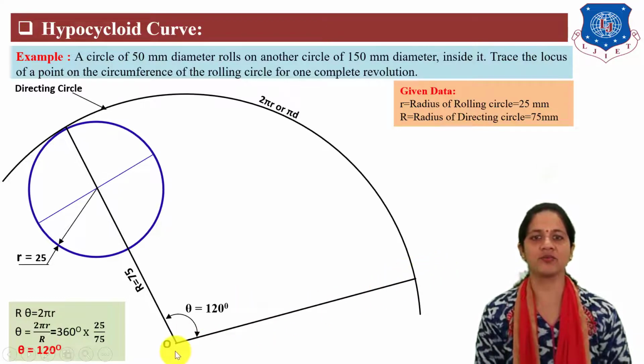Next, draw the 120 degree angle line for the directing circle. So the arc length of this directing circle is equal to 2 pi r or pi d.